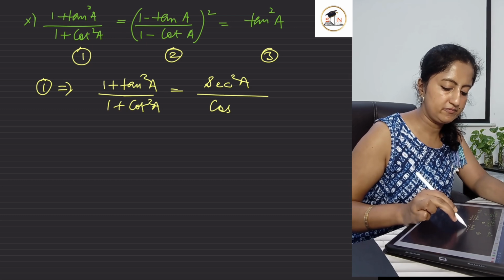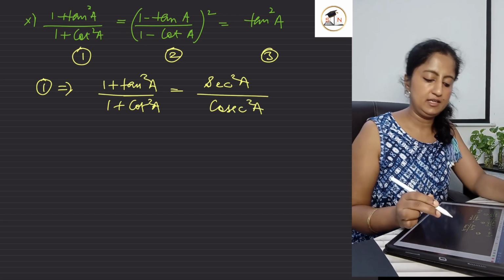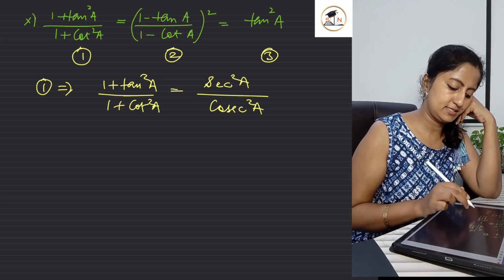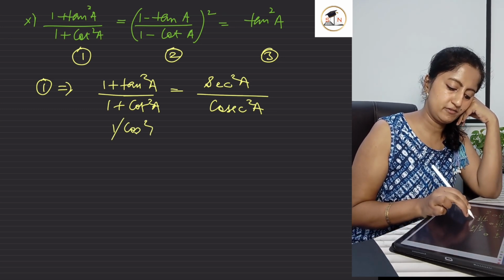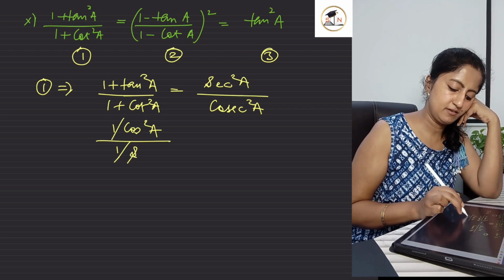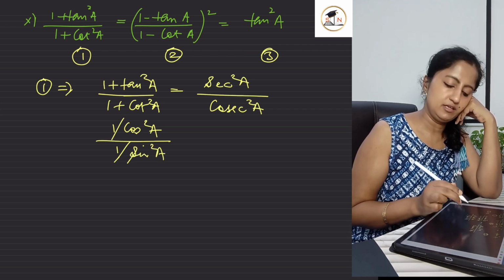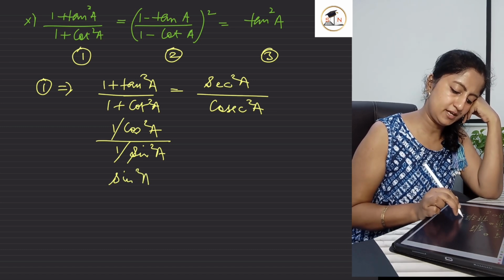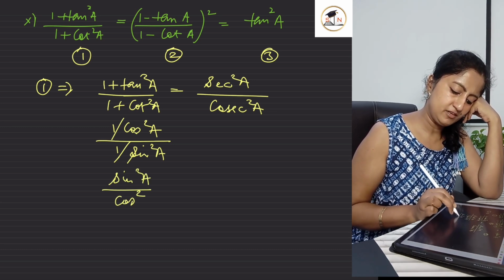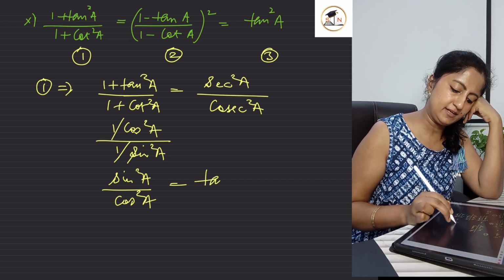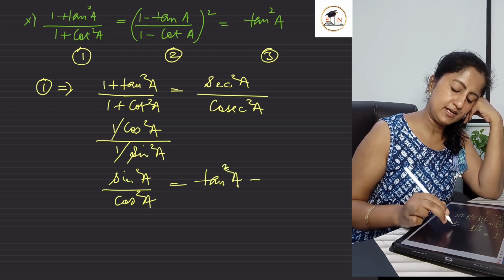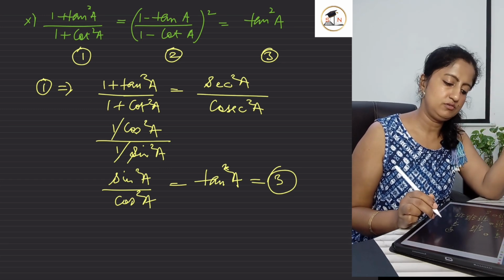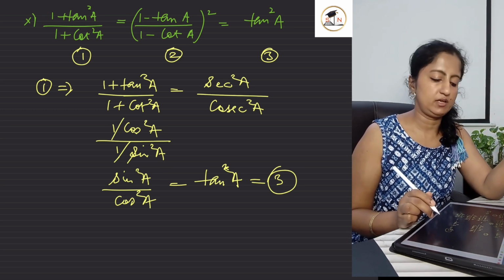In the denominator, third identity, that is 1 plus cot square A equals cosec square A. Now what is sec square? 1 by cos square A over 1 by sin square A. So we will flip the fractions. Denominator sin square A comes up, and here we get tan square A, that is equal to the third side. First part is done.